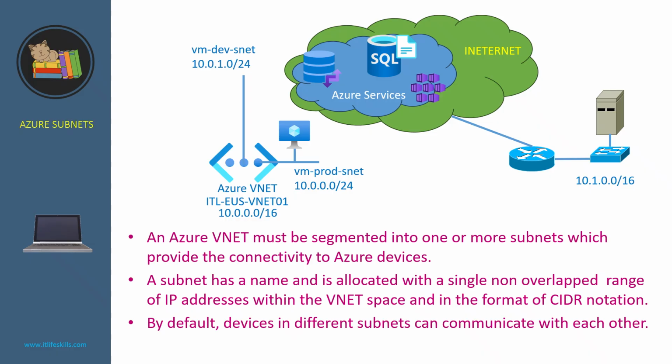Now we can create a new VM and connect it to the dev subnet. And by default, the VM in the dev subnet can communicate with the VM in the production subnet without any restriction.